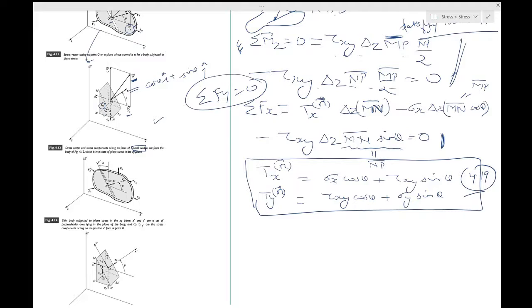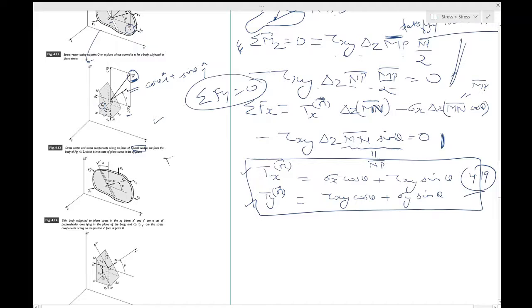So we have already done that, and this is essentially the important result which we had been waiting for. We have found out that this arbitrarily oriented traction vector can be written through these two components.